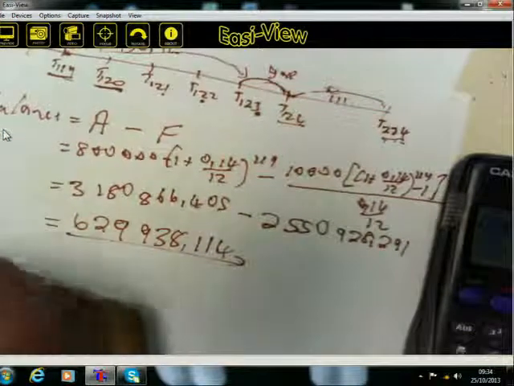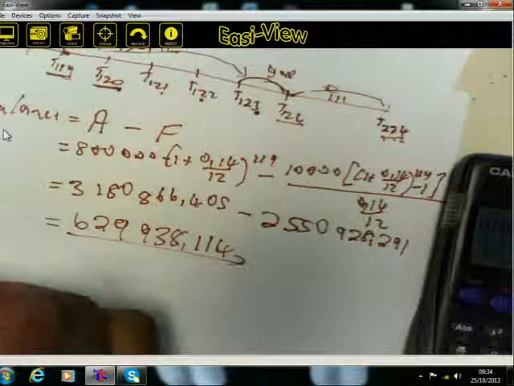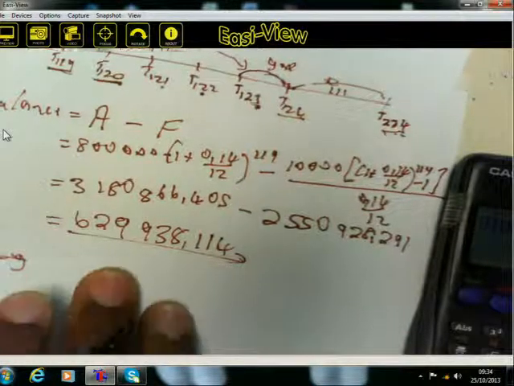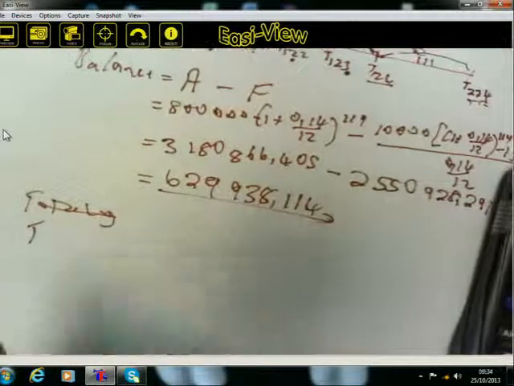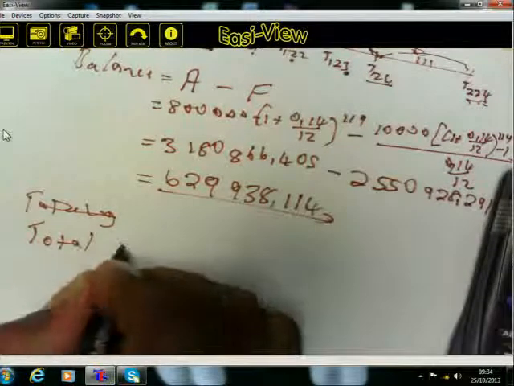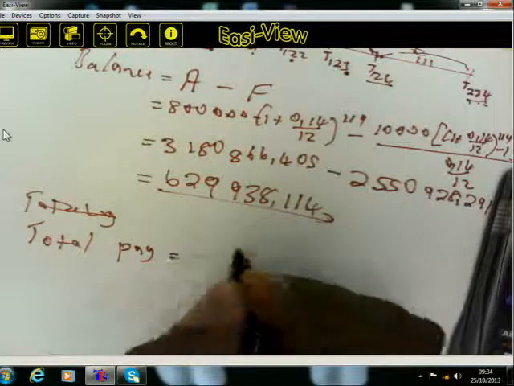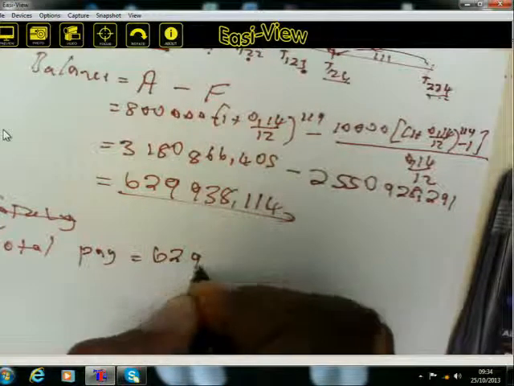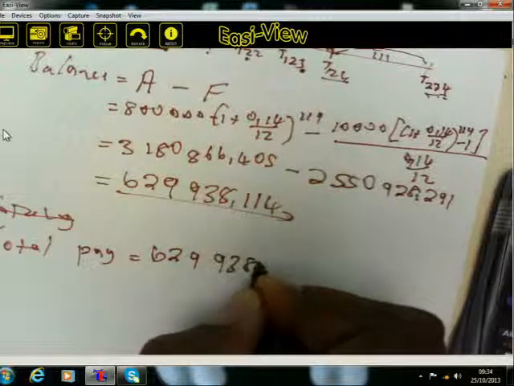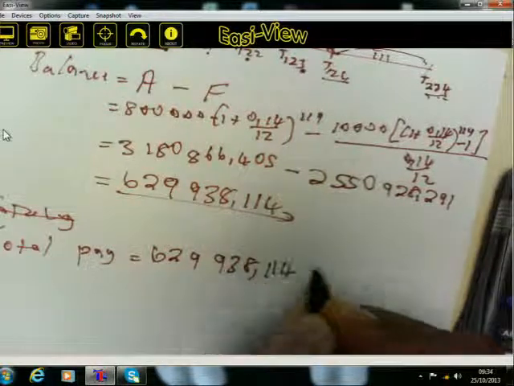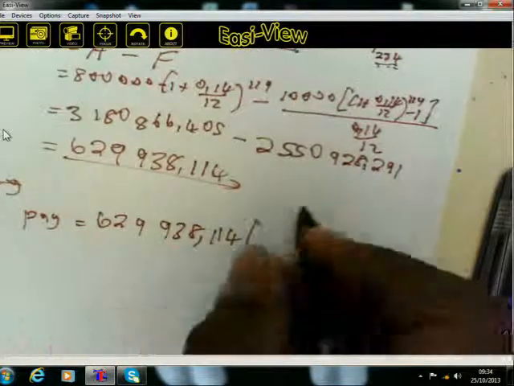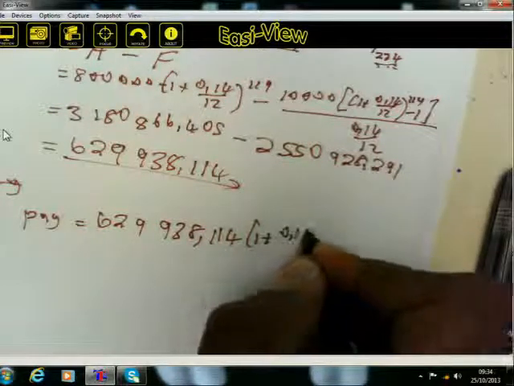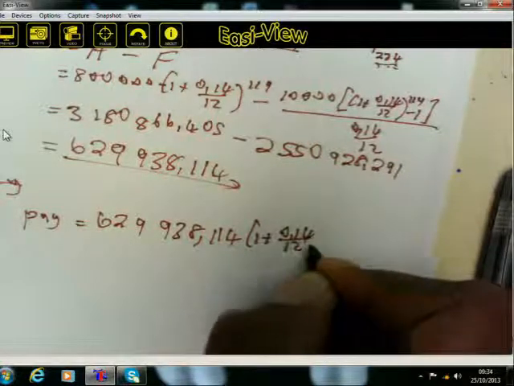You remember the total payable at that time is equal to 629,938 rand 11 cents, and then this is going to be multiplied by 1 plus the interest, 0.14 divided by 12.